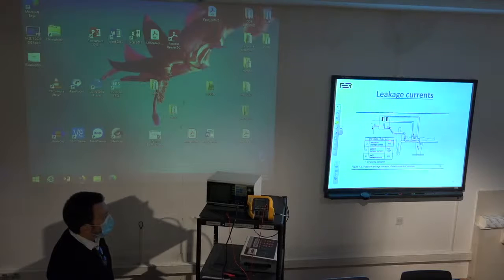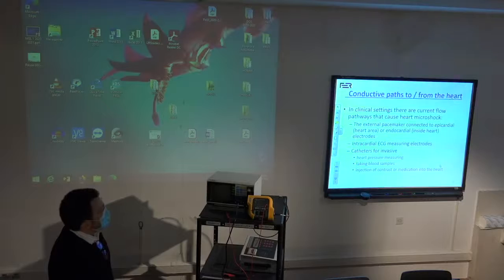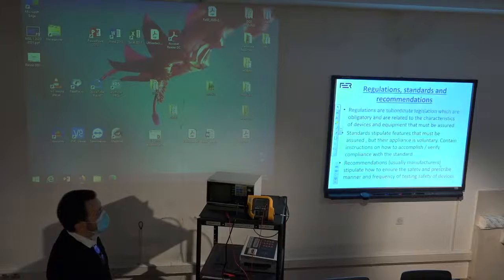So as you see here, 100 and 100 microamps are these two cases that I said, and for the earth leakage current, the third one, it may be 0.5 milliamp. So here is, let's say, some of the examples of this pathway, so I will let you read that.